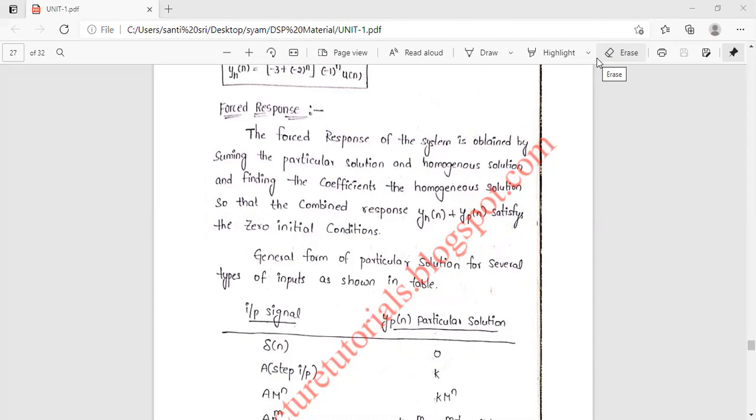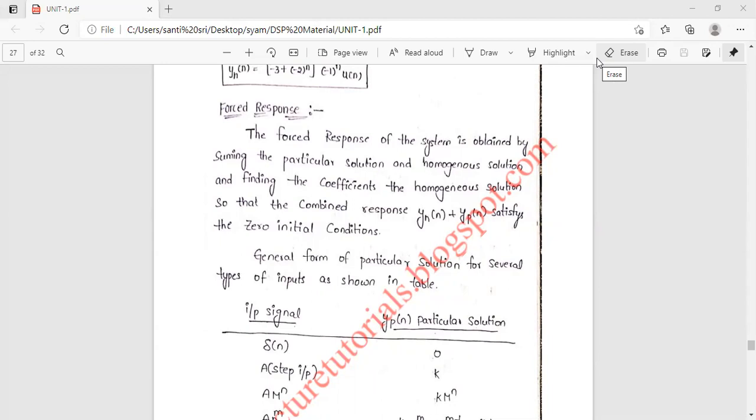Okay, this is the forced response. Here we'll substitute the values of 0, 1, 2, like that, depending upon the difference equation.